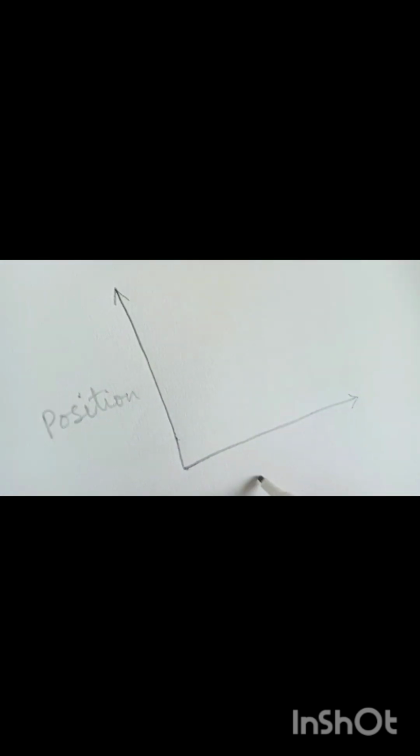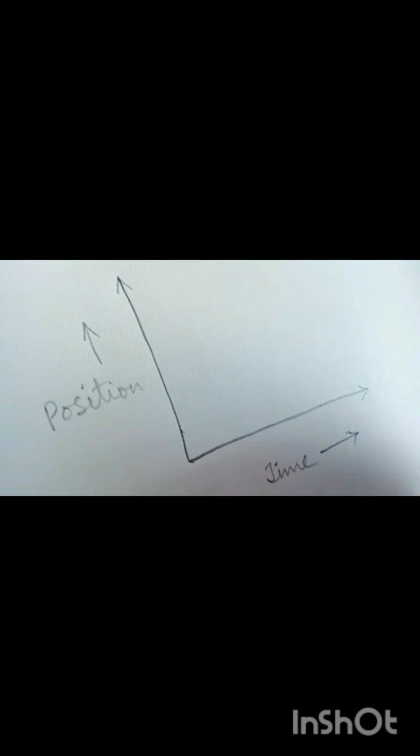My dear friends, we all know that as an object is moving, the concept of velocity or speed is associated with the object which is in motion. So here I am drawing a position-time graph. The horizontal axis is the time axis and the vertical axis is the position axis.